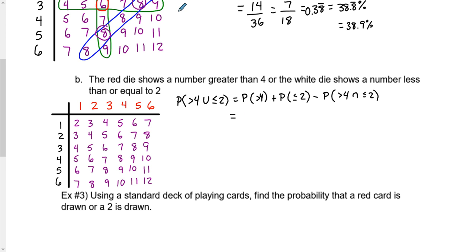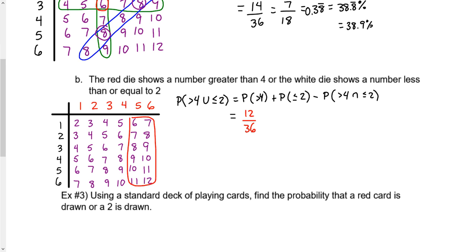So the red die showing a number greater than 4. Well, greater than 4, can't be equal to, that'd be all 12 of these options. 12 out of 36.